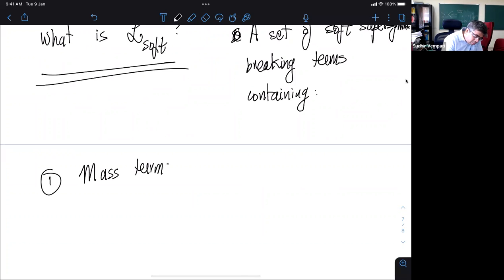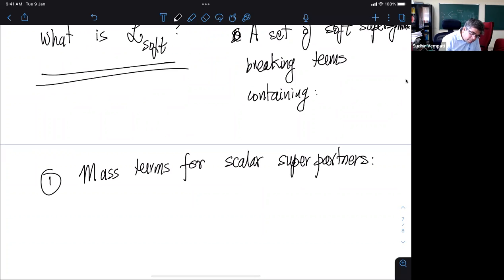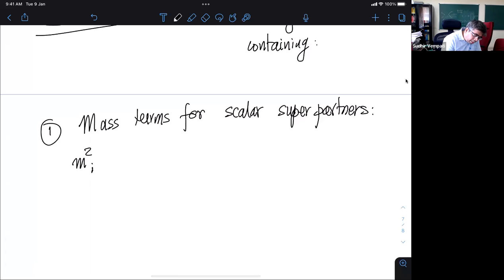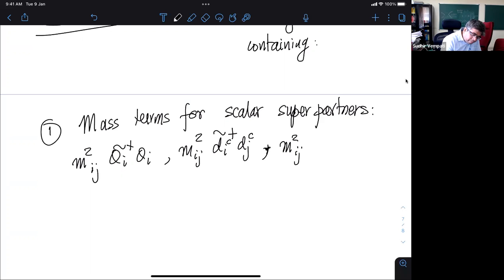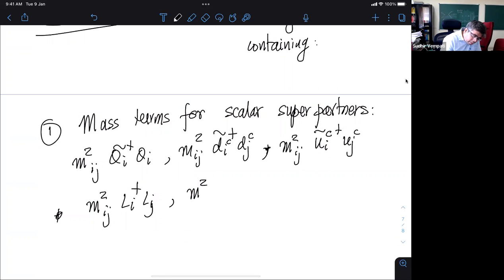Mass terms for the scalar superpartners. So the mass terms would be: m squared_ij Q_i dagger Q_j, m squared_ij D_i^c dagger D_j^c, m squared_ij U_i^c dagger U_j^c, plus m squared_ij L_i dagger L_j, m squared_ij e_i tilde star e_j.